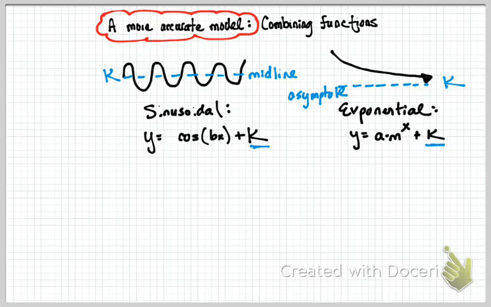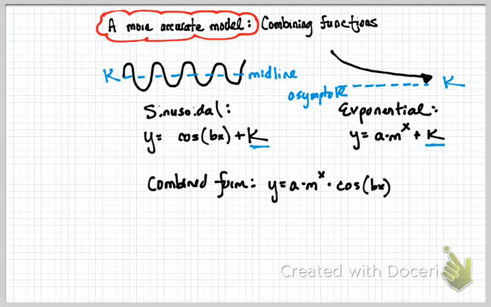Now the combined form of this looks like this. Y equals A times m to the x times cosine b to the x plus k.